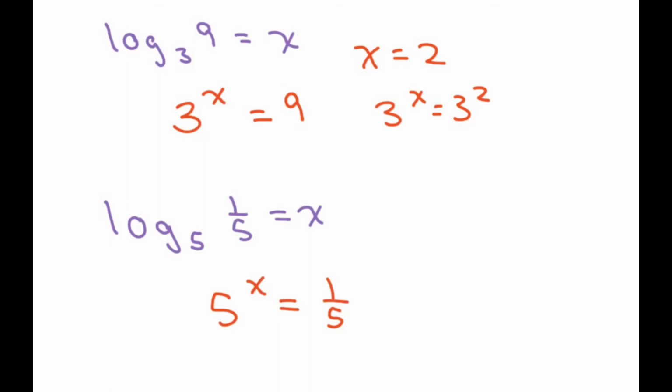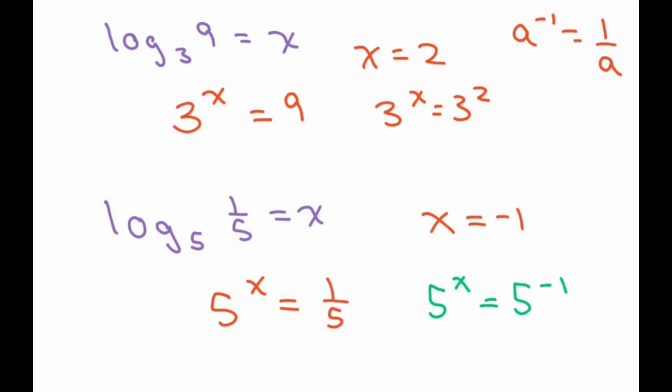Now in this case, we should know that x equals -1, because anything, let's say a to the -1, equals 1 over a. Or you could write this as 5 to the x equals 5 to the -1, and there we have x equals -1.